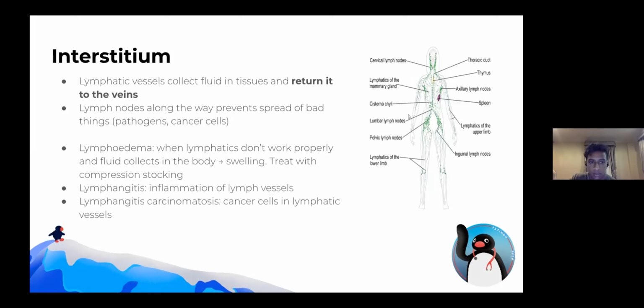There are a few key terms to take note of. Lymphedema is when the lymphatics don't work properly, and that causes swelling. Lymphangitis is inflammation of the lymph vessels, and lymphangio-carcinoma means cancer.